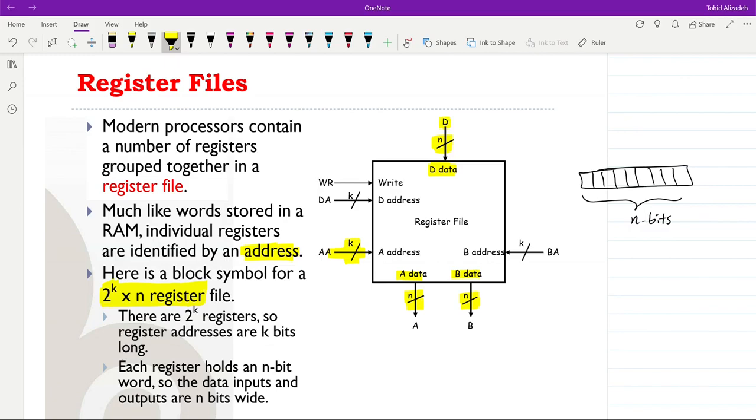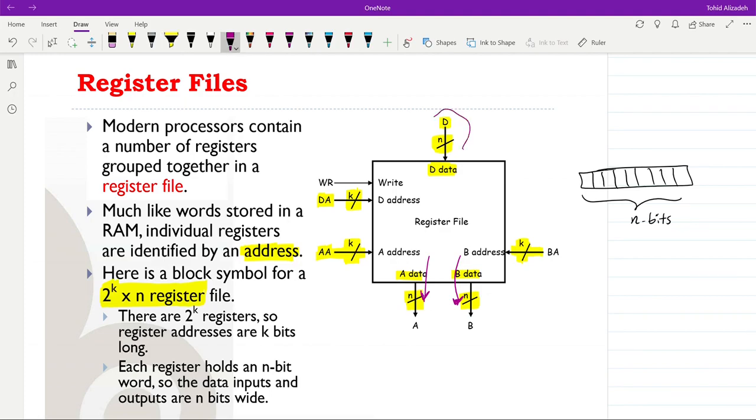Regarding the address lines, we have two address lines as A address and B address, and these address lines are used in order to determine which register's data will be available at the output of the register file. And we also have the D address, which also includes k number of bits, and it's the data address. Okay, D address is the data address, and it determines into which register we are going to write the input data.